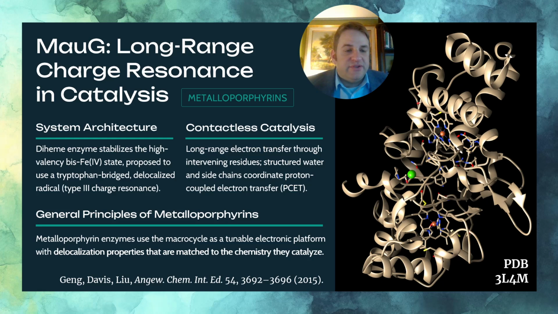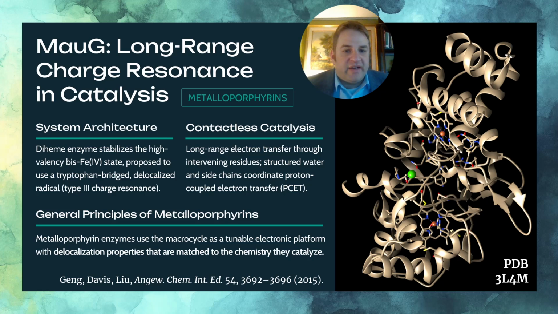Now, there's another interesting enzyme I've studied in my research on quantum biology, MAO-G, a long-range charge resonance effect is carried out in this enzyme during its catalytic process. This enzyme is responsible for catalyzing actually the creation of active sites of other enzymes.